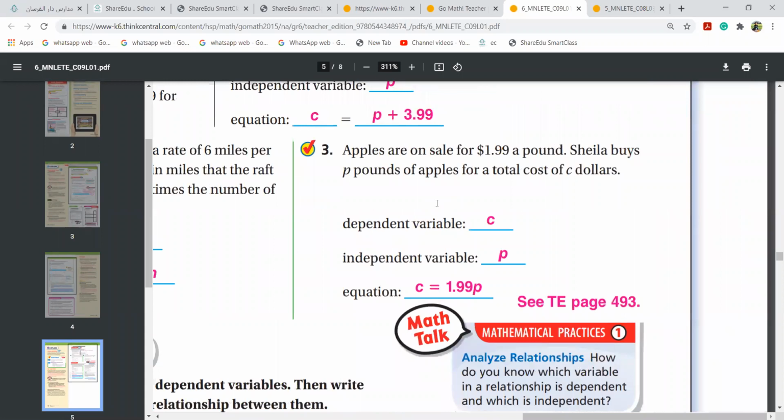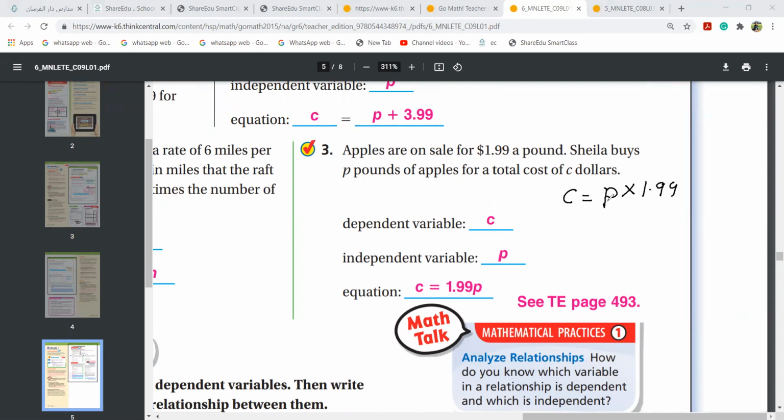Now, apples are on sale for $1.99 a pound. You went to a market to buy apples, okay? And the cost, you don't know how many pounds you will buy, but you know that 1 pound is 1.99.